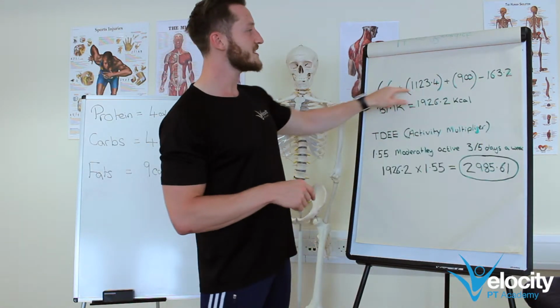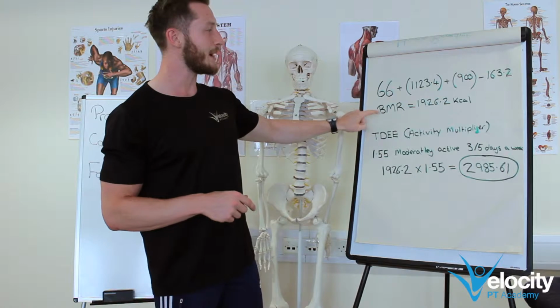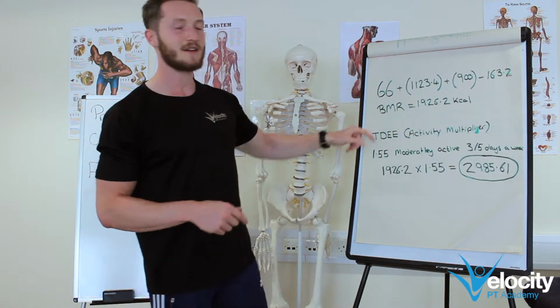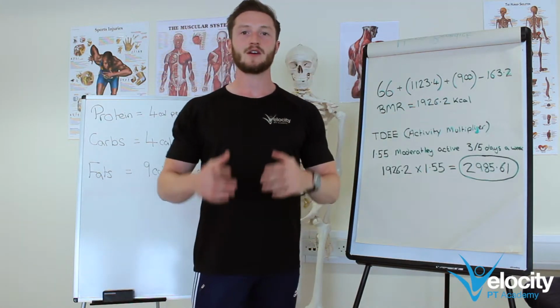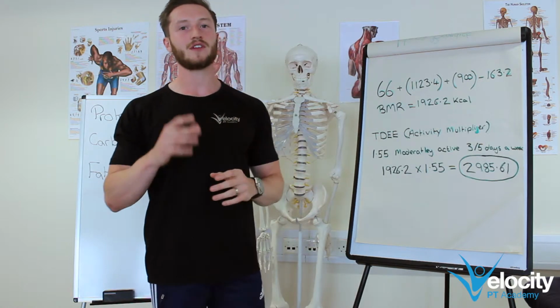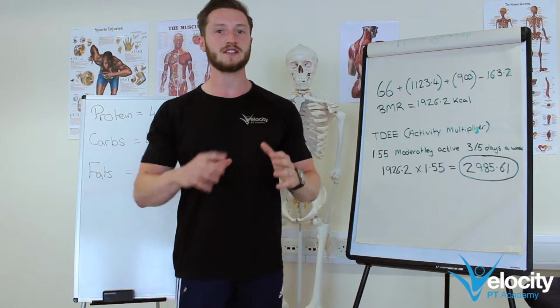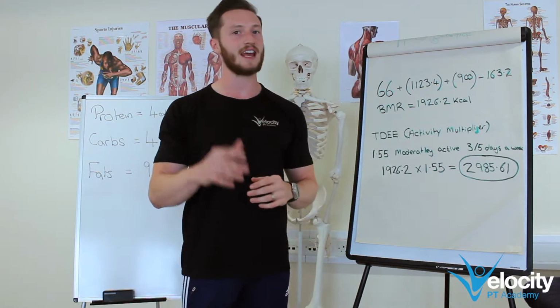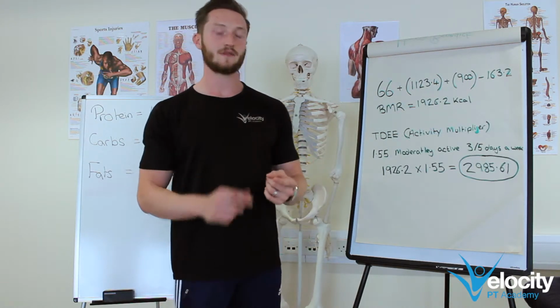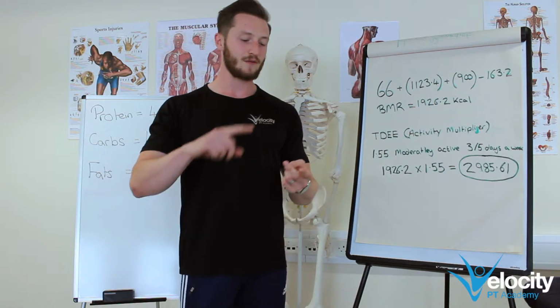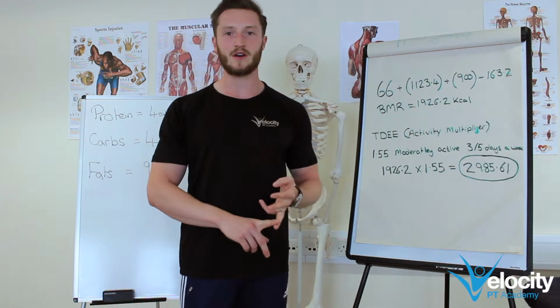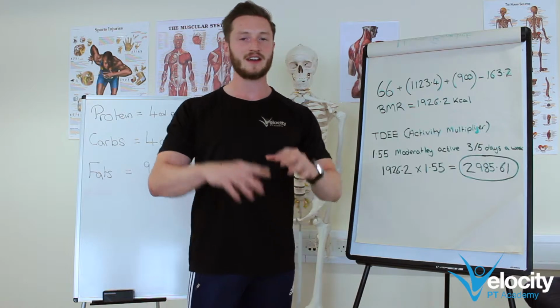So anyway, what this has worked out is something called my BMR. My BMR is my basal metabolic rate, which is essentially the amount of calories that you need in order for your body to function. So it's not how many calories you need to lose weight, not how many calories you need to gain weight, but how many calories you need for your digestive system to work, for your nervous system to work, for your internal bodily organs to work, skeletal tissue to work.